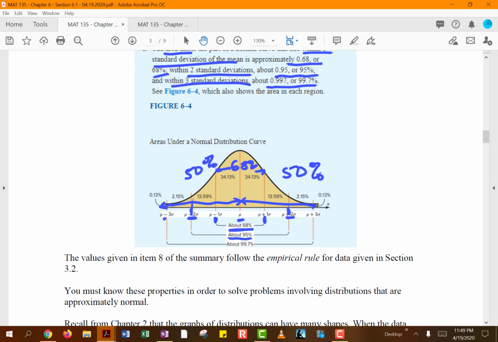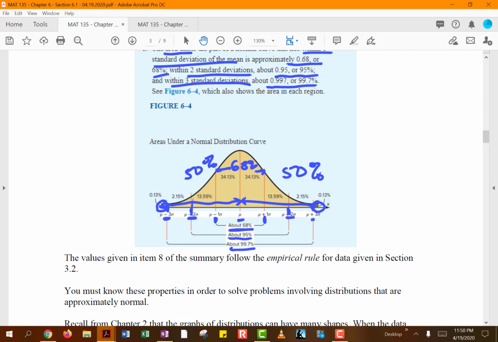And then of course within three standard deviations, above and below the mean, so from here all the way here, this will be about 99.7%. So that means this little bit of the tail area that we have left over is going to be the remaining.